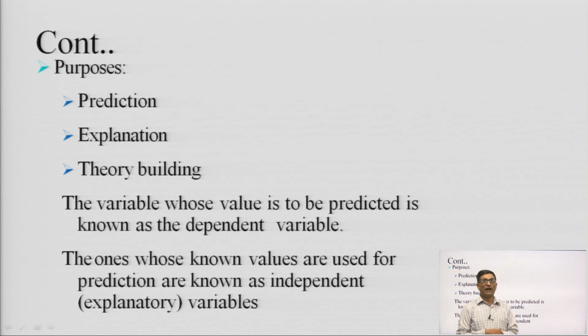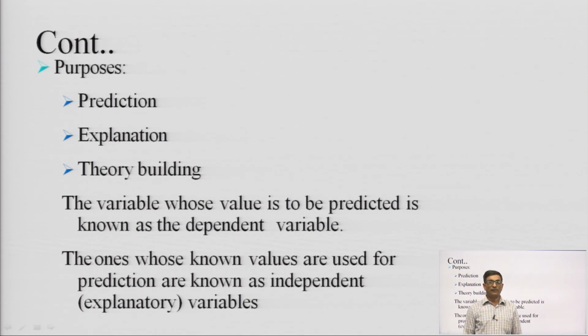What is the purpose of multiple regression? The first purpose is prediction, because with the help of multiple regression we can predict a value of the dependent variable with the help of 2 or more explanatory variables. Second, the objective of multiple regression is explanation.